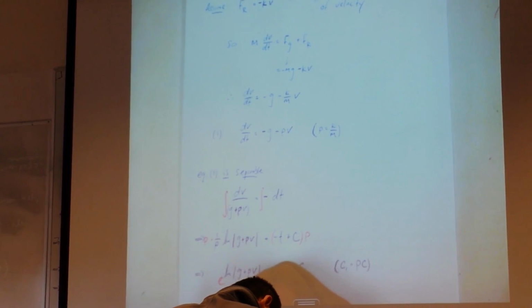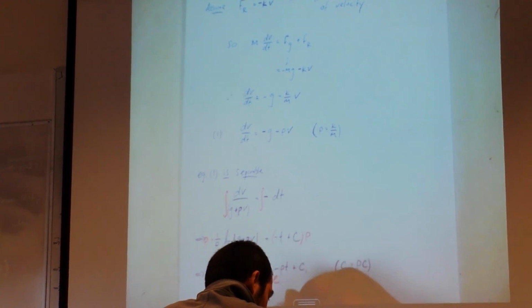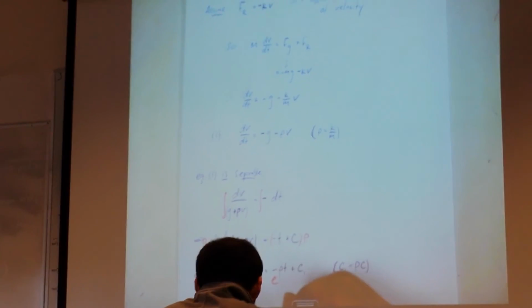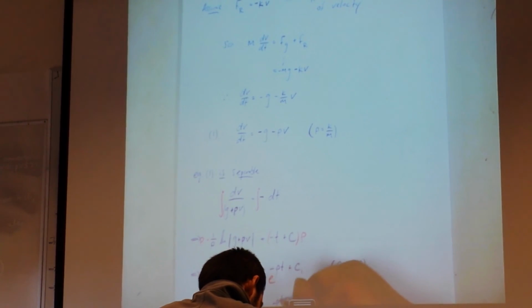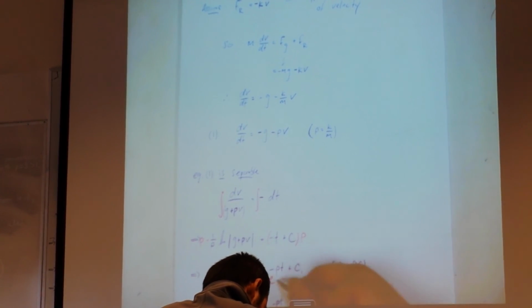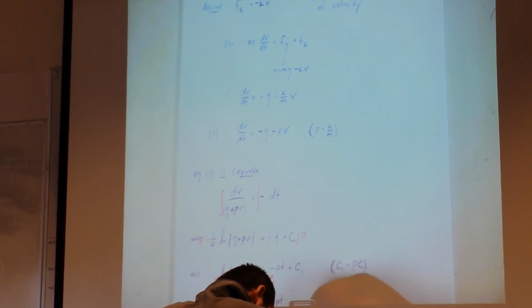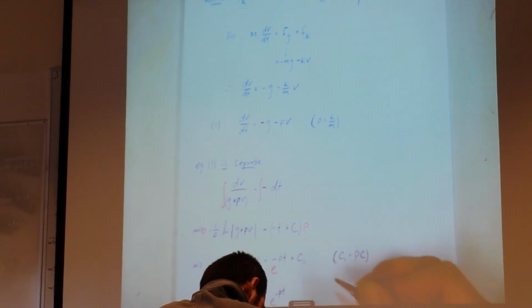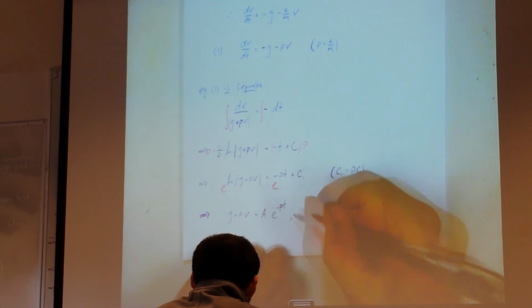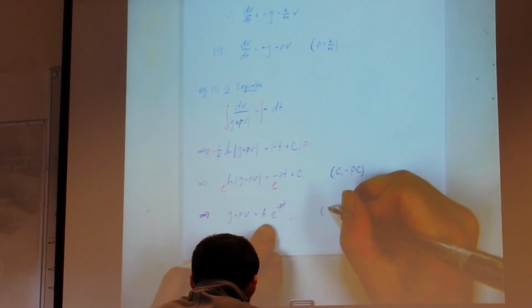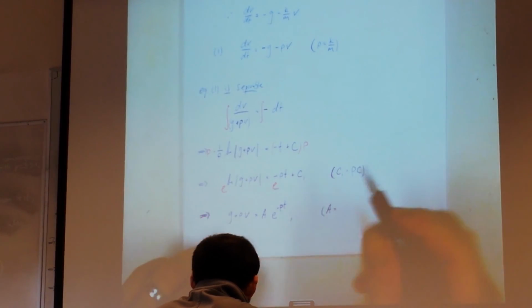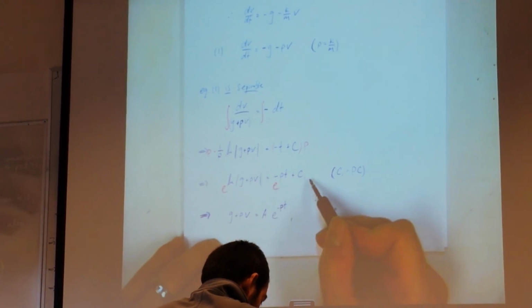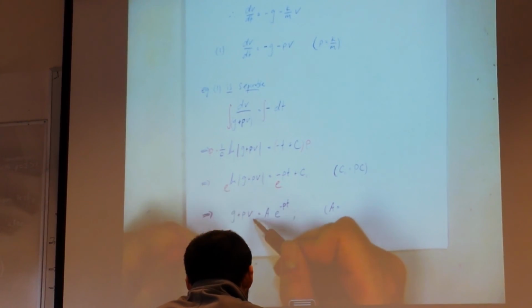Again, I'm going to write without the absolute value: g plus rho times v equals this exponential term, e to the negative rho t, times e to the c1, but I'm going to call this a. Yeah. All right. And this is where a is technically positive. e to the c1 is always going to be positive. But if I drop those absolute values, I don't know if the left side is negative.